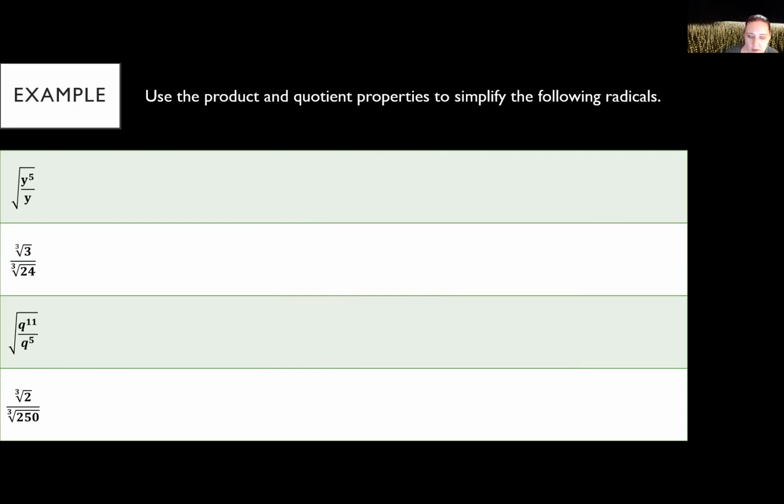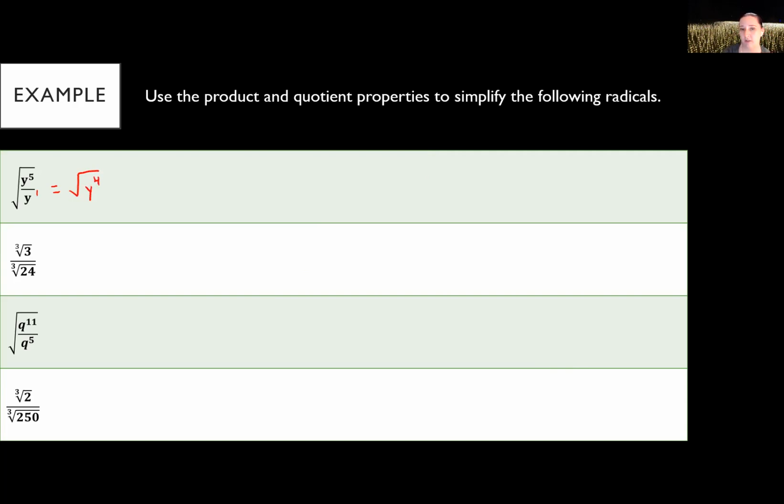So top left here, I've got the square root of y to the 5th over y. So our rules of exponents say that you can simplify that by taking the top exponent minus the bottom exponent, because that's a y to the first at the bottom. So 5 minus 1 is 4. So this would be equal to y to the fourth.